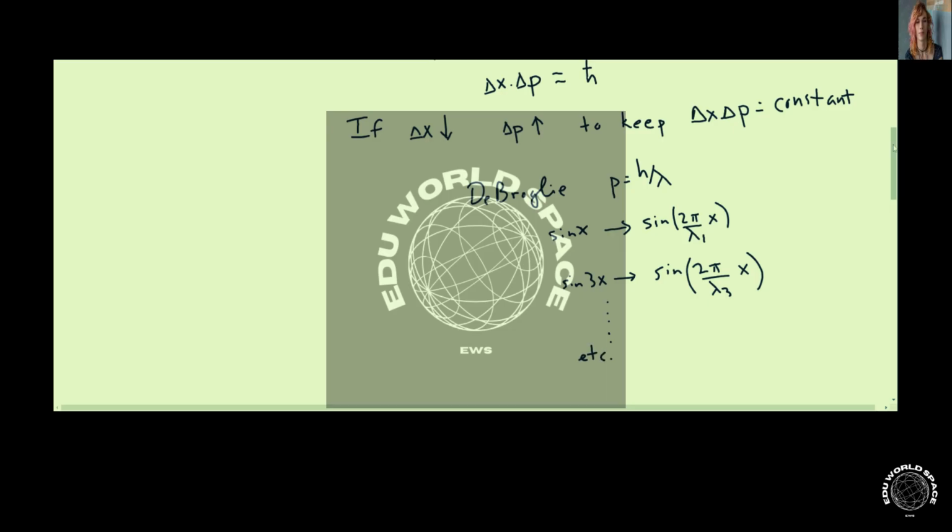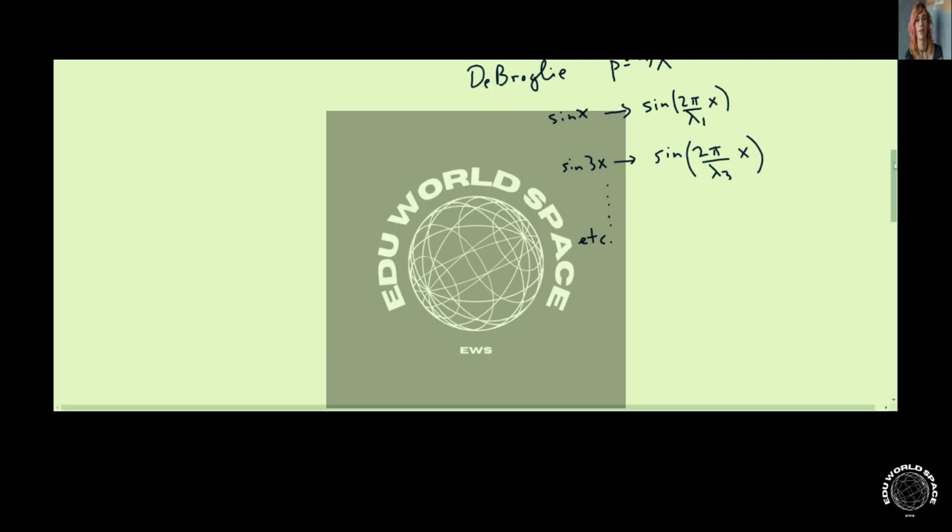As you double the number of terms in the sum, you double the number of wavelengths in the function.